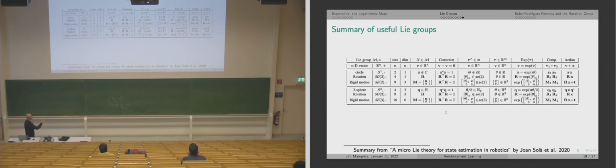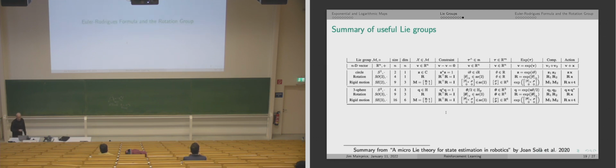Because this has to do with solving the ODE of differentiating the constraint. It's very related to the exponential map of Riemannian geometry. Sometimes it coincides, but it doesn't have to be, because the Riemannian geometry exponential map relies on the Riemannian metric, and here we haven't really talked about Riemannian metrics.